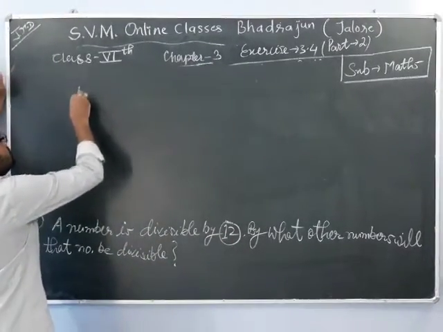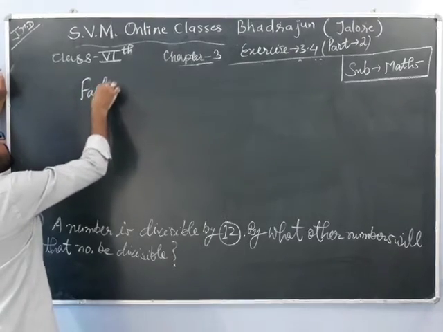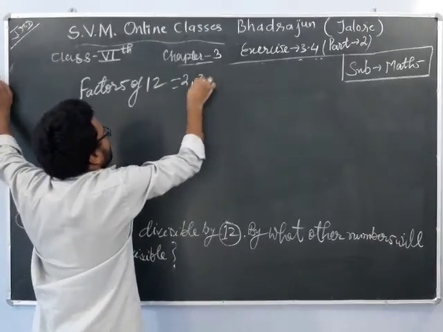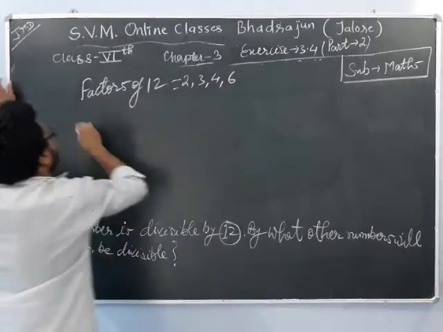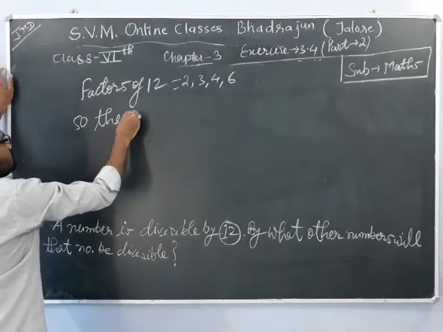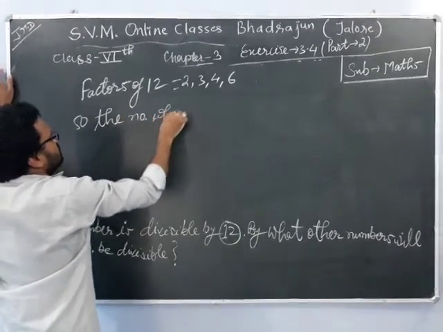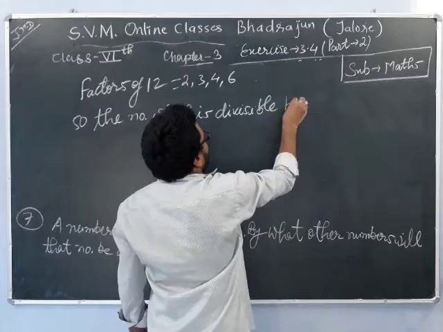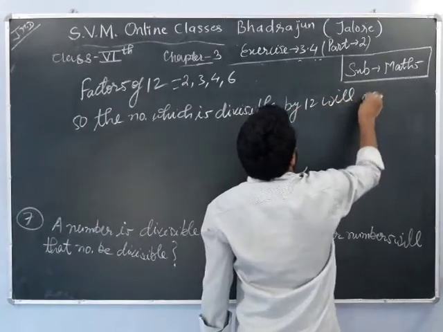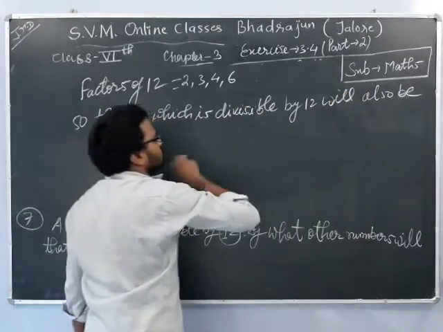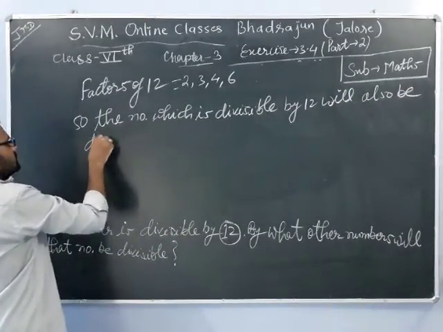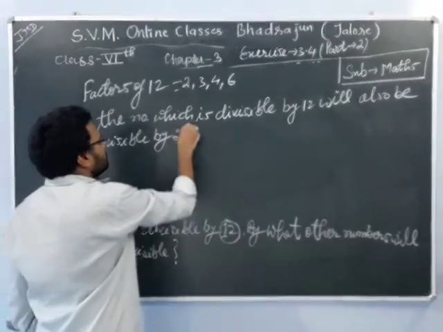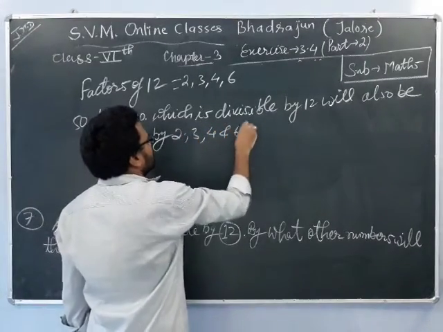Okay, so factors of 12 are 2, 3, 4, 6. So the number which is divisible by 12 will also be divisible by 2, 3, 4 and 6 as well.